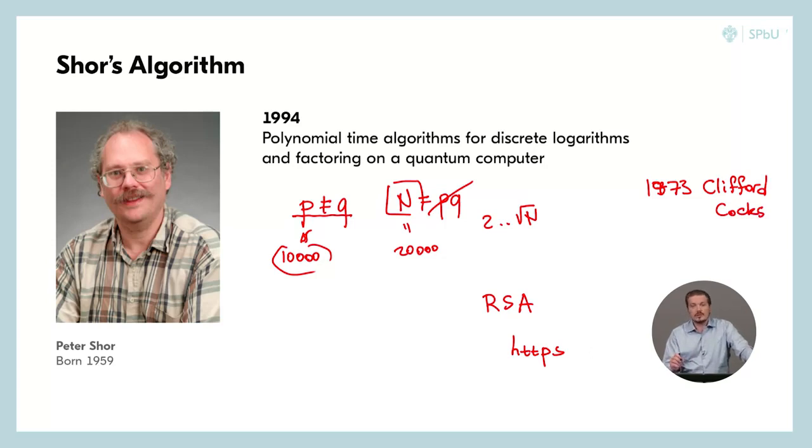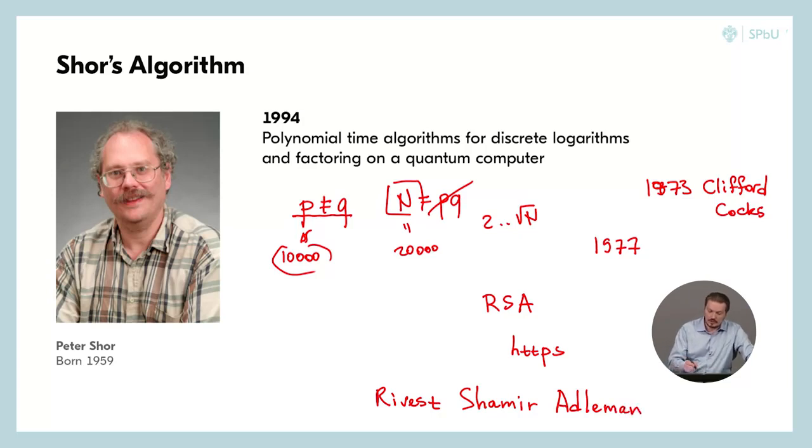And this result was marked as classified by the British government, which made it possible in 1977 for three American computer scientists, Ron Rivest, Adi Shamir, and Leonard Adleman, to reinvent the algorithm.